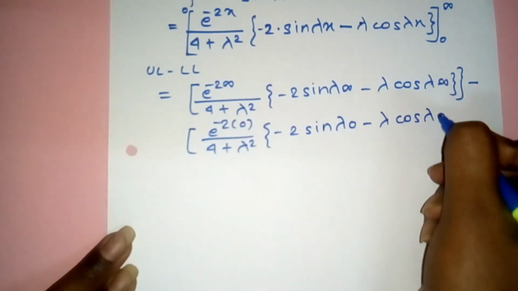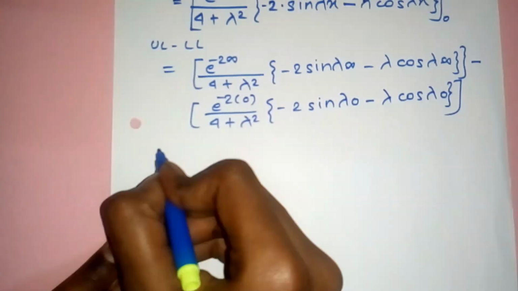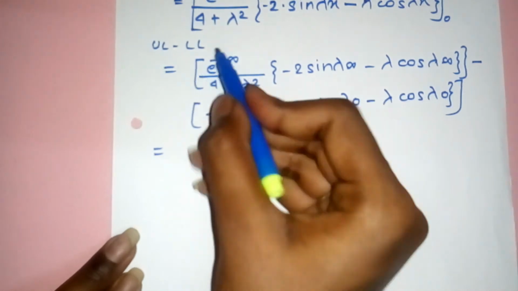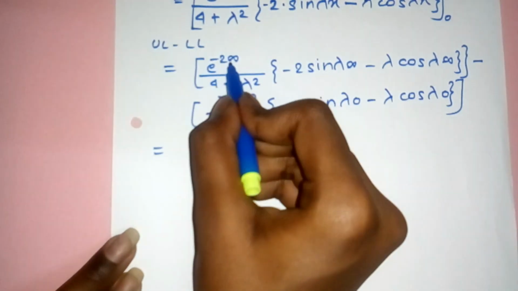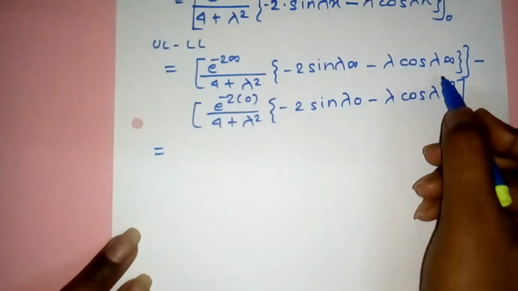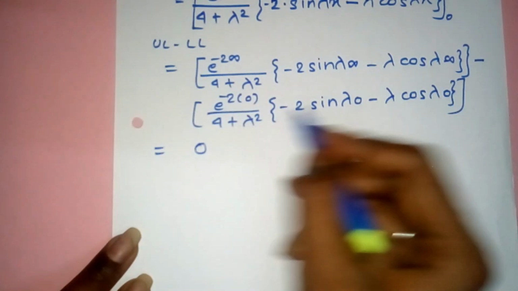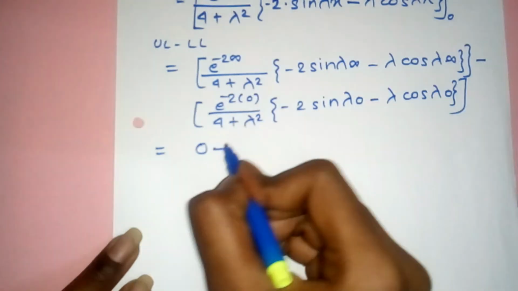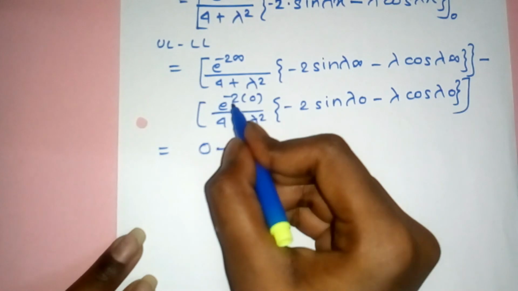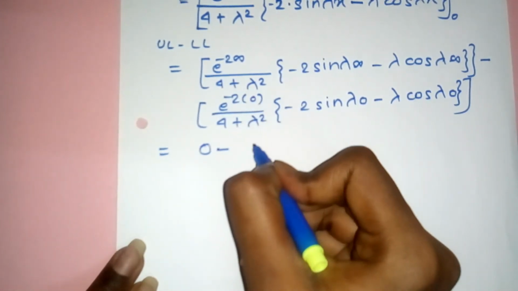So now we have put in the limits. Now we have to just solve it. E raised to minus infinity will become 0. Any term multiplied by 0, the entire term will become 0. So therefore this will become 0. Minus, now minus e raised to 2 into 0, which is 0, so e raised to 0 will be 1. So we'll write 1 upon 4 plus lambda square.